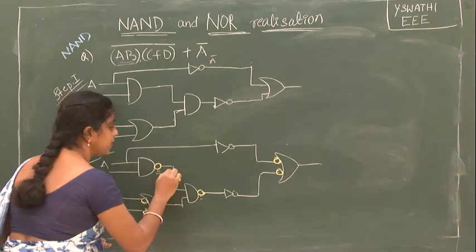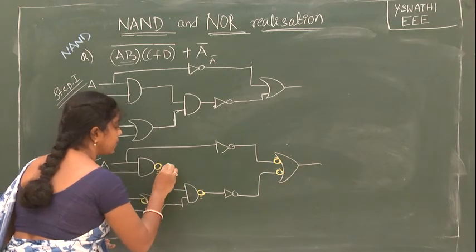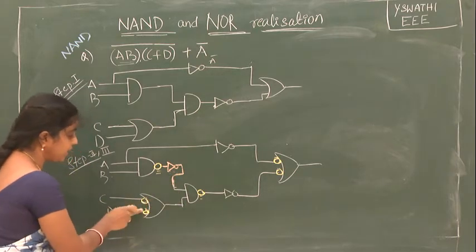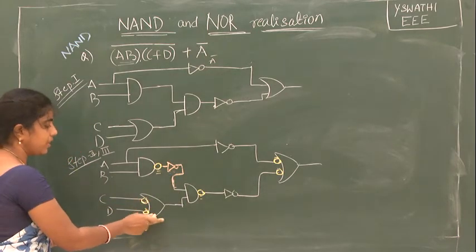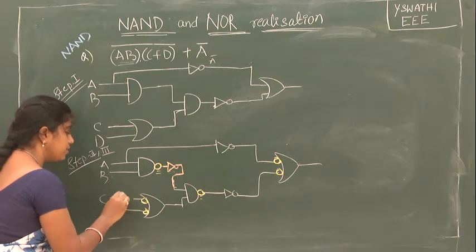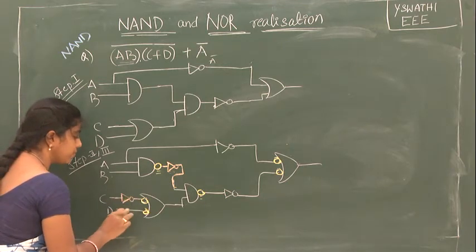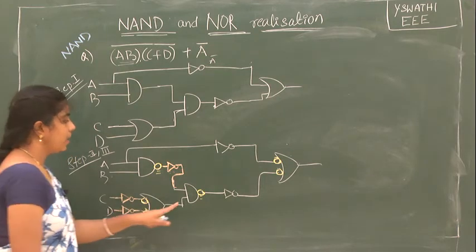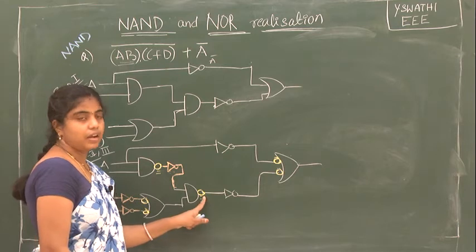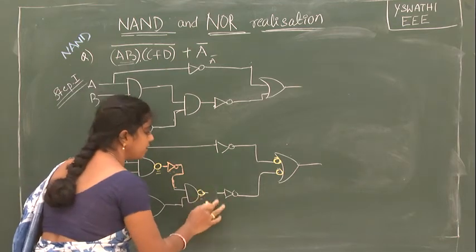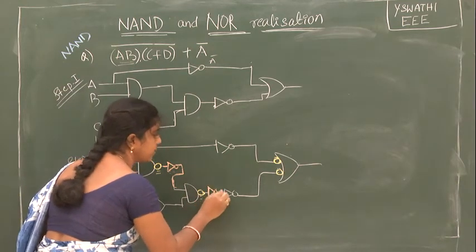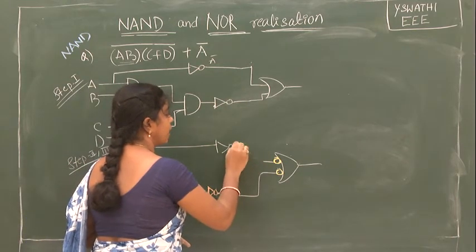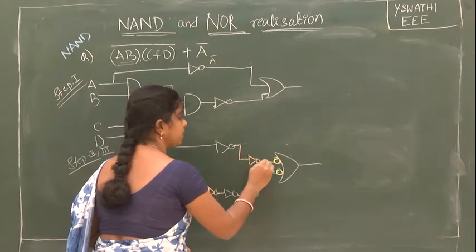So I have to introduce a NOT gate here. Now at the inputs I have introduced the bubble in the OR gate. So I have to introduce a NOT gate before it. And again I have introduced a bubble at the output of AND gate here. So I have to introduce a NOT gate here. Again here the inputs are bubbled. So I have to introduce a NOT gate here.